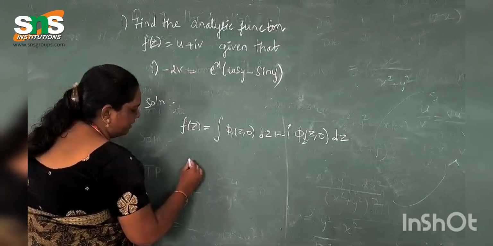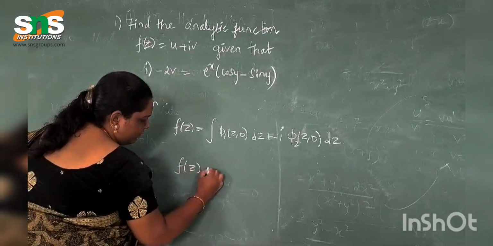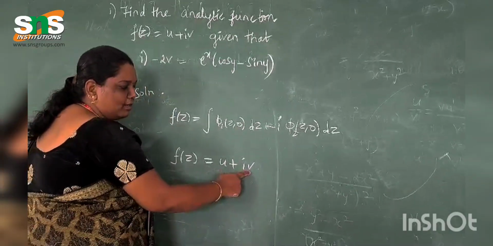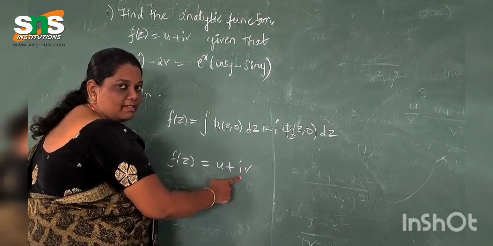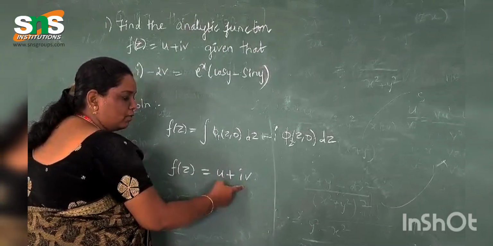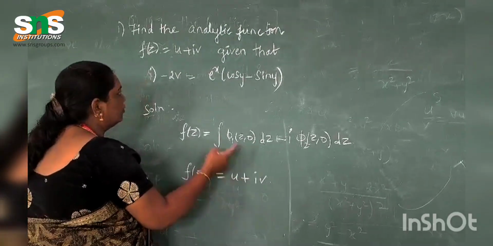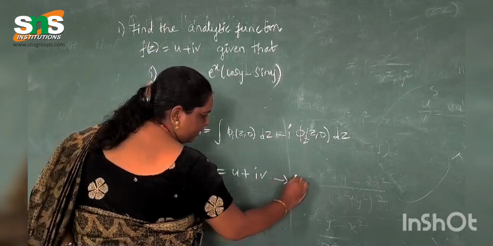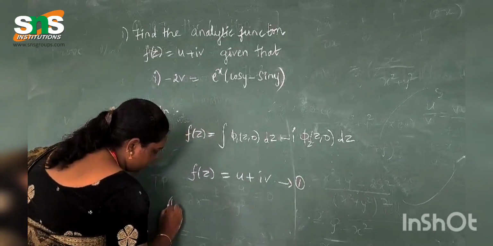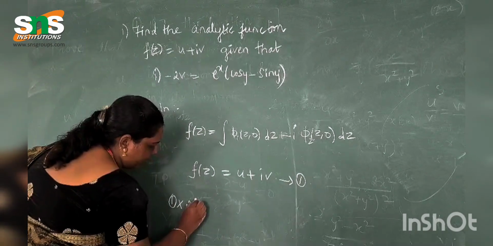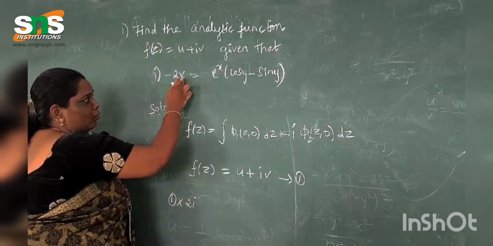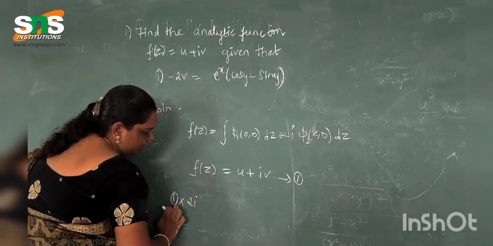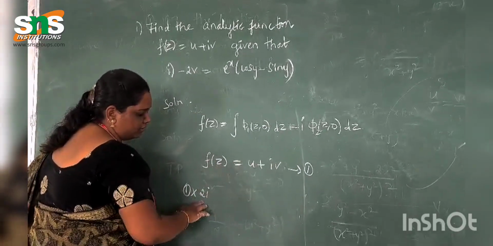So now we take the given function f of z equal to u plus iv. But here we have v in the form of a complex number having i. Now we have to change the equation into the real part. So we multiply equation 1 by 2i, because we have 2 as the coefficient of v. So we multiply the function throughout by 2i.